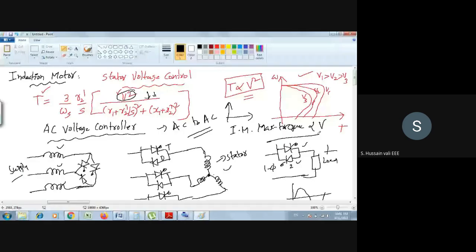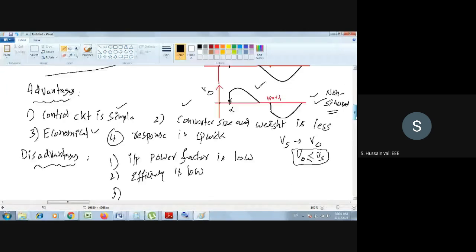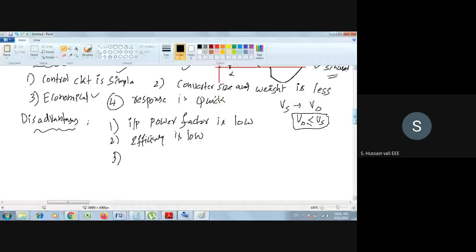As you reduce the stator voltage, the maximum torque of the induction motor also gets reduced. That is the problem. If the maximum torque gets reduced, this method may not be useful for heavy loads, because heavy loads need high maximum torque. That is one more disadvantage.